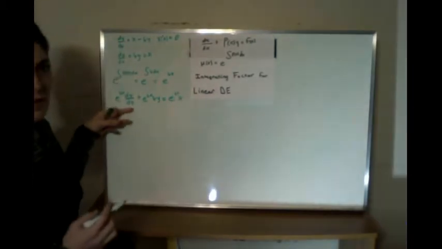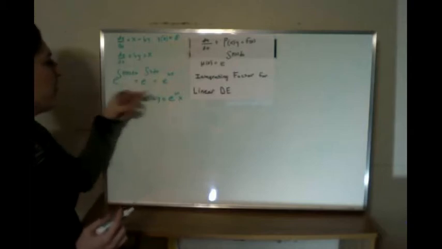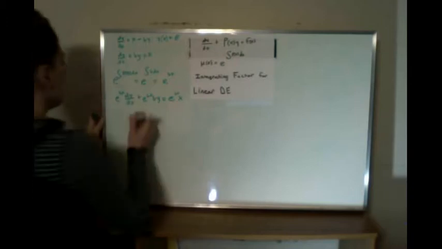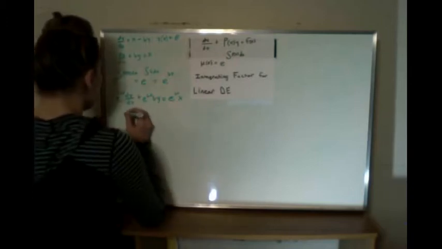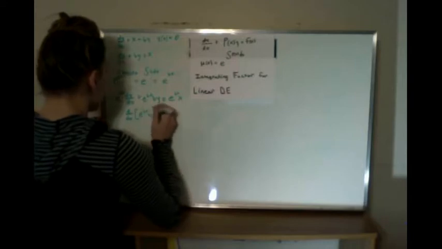Now, the left-hand side of our equation is the derivative of the product of e to the 6x times y. So we can rewrite this as d/dx of e to the 6x y.